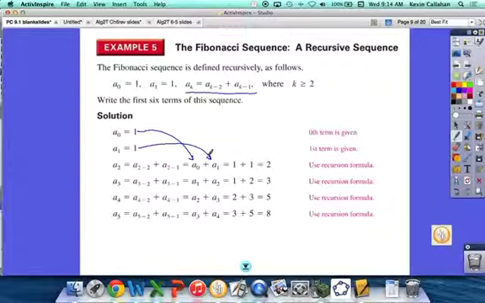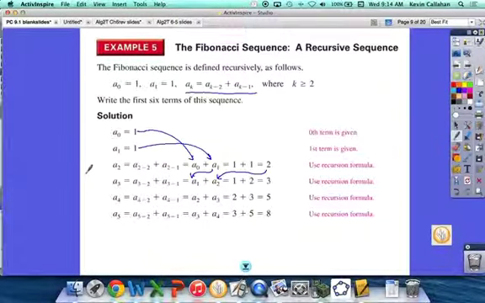Now if you want to find the third term in the sequence, you're going to have to add up the first and the second. Well, the first we already got, that came from up here, and the second we just calculated. So we just plug that in here. And everyone goes the same way.